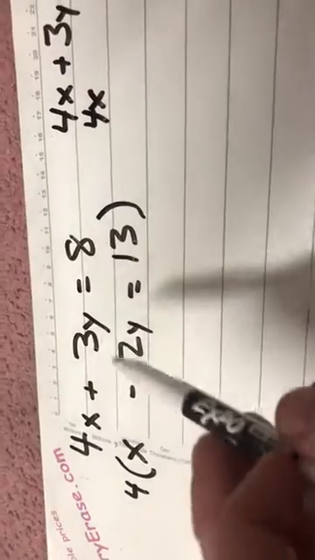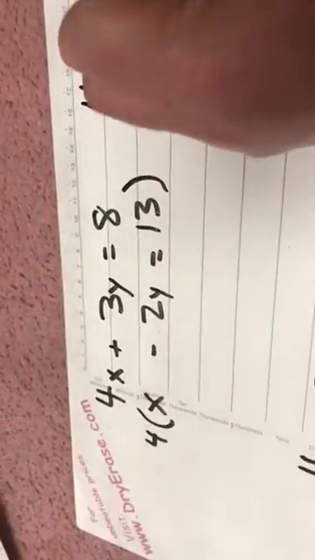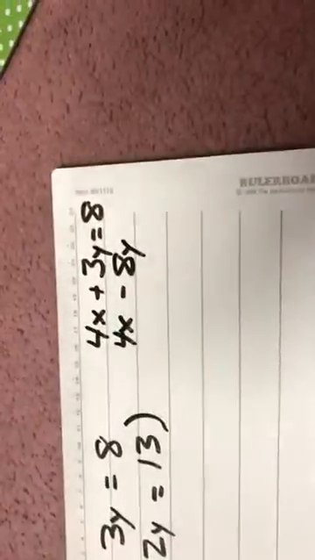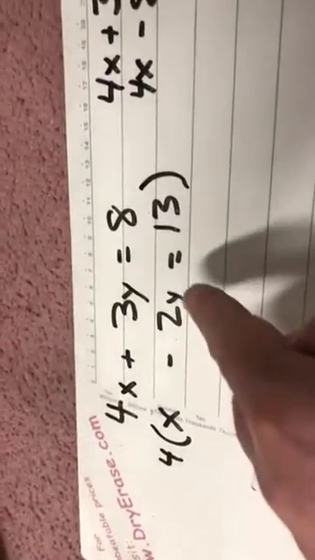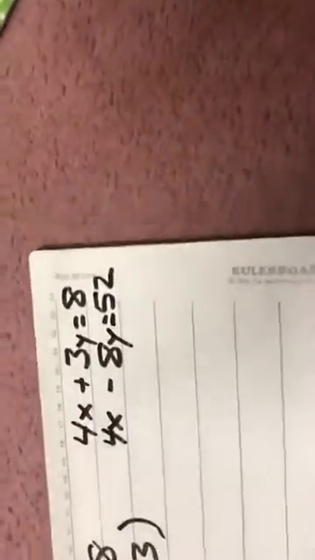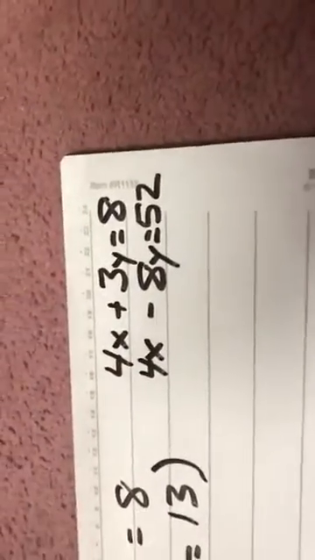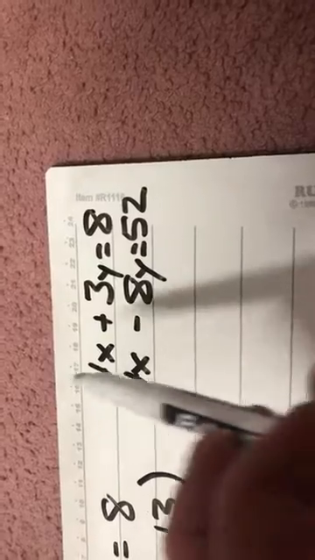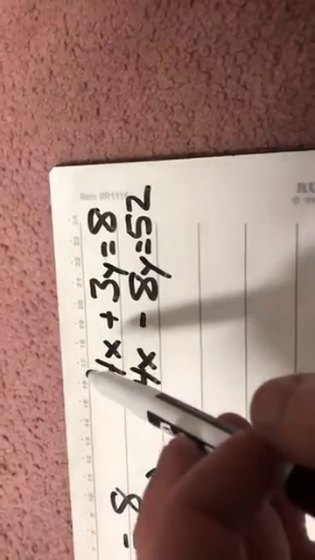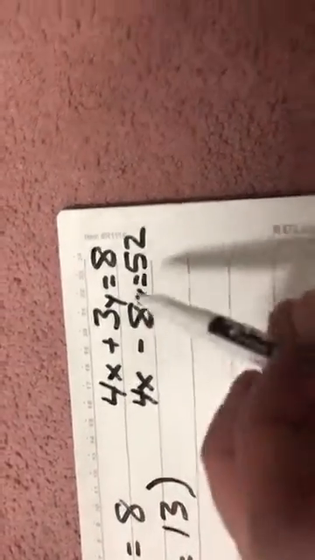Well, 4 times x is 4x. 4 times a negative 2y is a negative 8y. And then 4 times 13 will be 52. All right, everything's all going to be lined up for you. And now I'm going to eliminate. And I can see by looking at this, I'm going to have to eliminate by subtraction because 4x minus 4x gives me nothing.